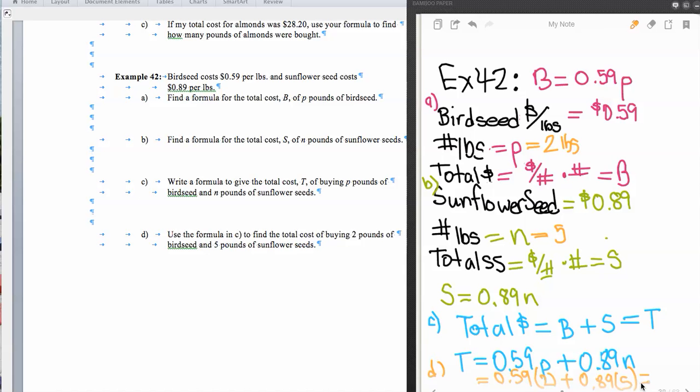And so again, we can go to our calculator for this. 0.59 times 2 gives us $1.18. I'm kind of out of room, so I'm going to put it right in here. Sorry about that. $1.18 plus 0.89 times 5, and that's going to give us $4.45.